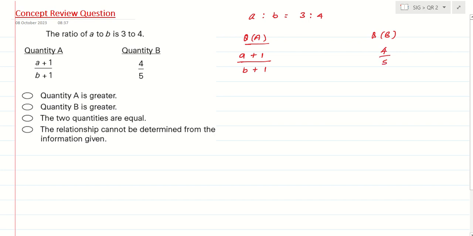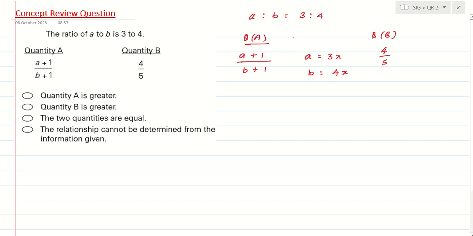Simple. Now, what is important here? The important thing is the ratio concept, right? If I say A is to B as 3 is to 4, it does not mean A equals B, correct? No, which means A equals 3x and B equals 4x, correct?